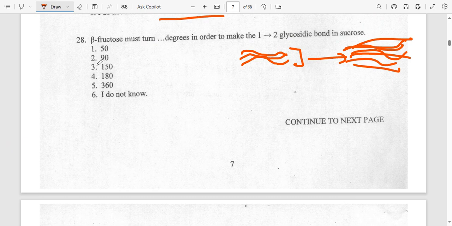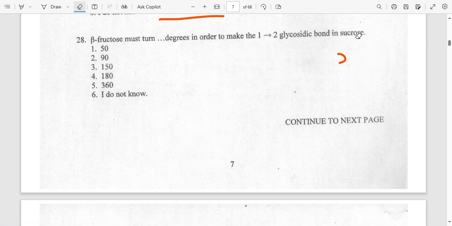Beta fructose must turn how many degrees in order to make the 1,2 glycosidic bond in sucrose? Anyone to try this one?